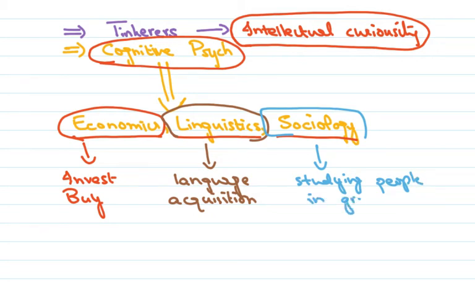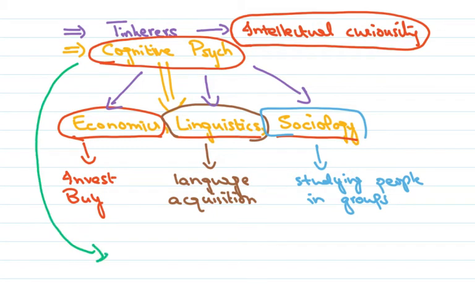And it's not just that. Research in cognitive psychology doesn't only have implications for all of these academic fields, but it can have very real implications for your daily life, such as if you want to know the best method to study so that you retain the most information for a long time.